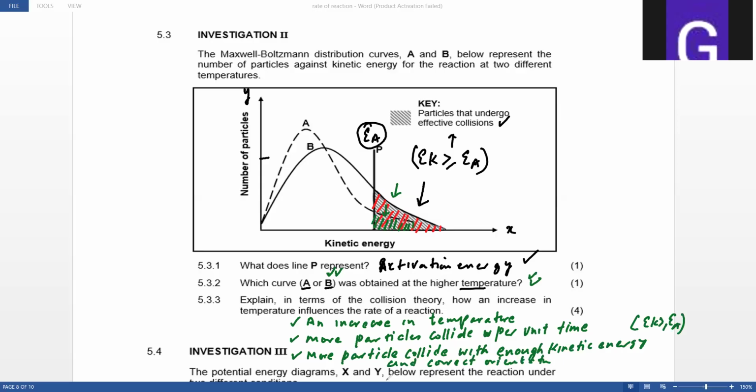Then still we are not done. If we have that, then it means more effective collisions per unit time.